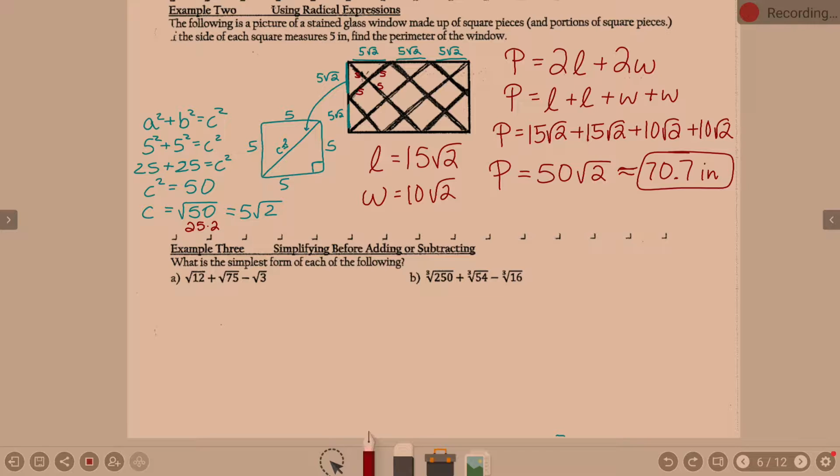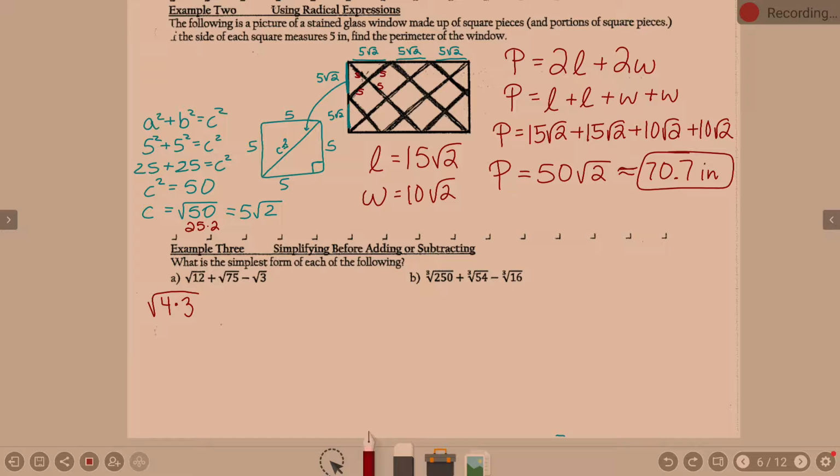What do you know about square root of 12? Is it a perfect square? It's not a perfect square, but it has a perfect square factor. If I look at my blue paper, what does 12 divide by? 4. Okay, so you remember how to do this? I'm going to rewrite square root of 12 as the square root of 4 times 3.